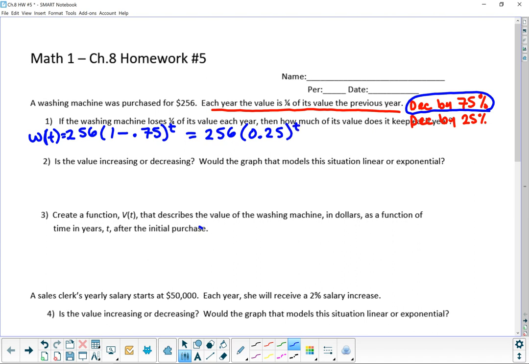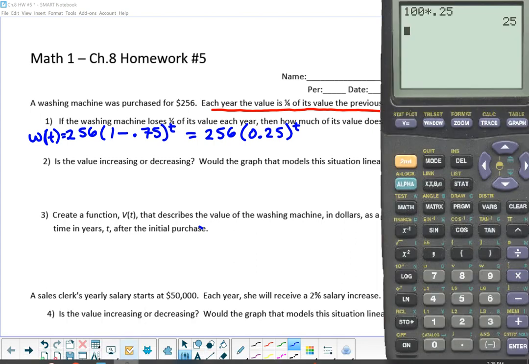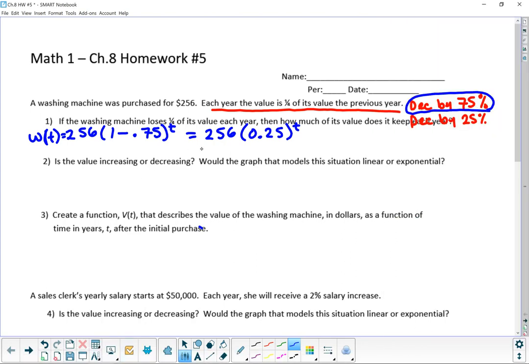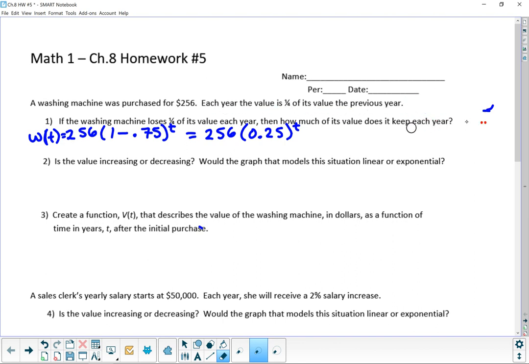Okay, so let's see, what is this each year? Okay, I think the wording is wrong, but on number 1 here, it says each year the washing machine loses a quarter of the value each year.